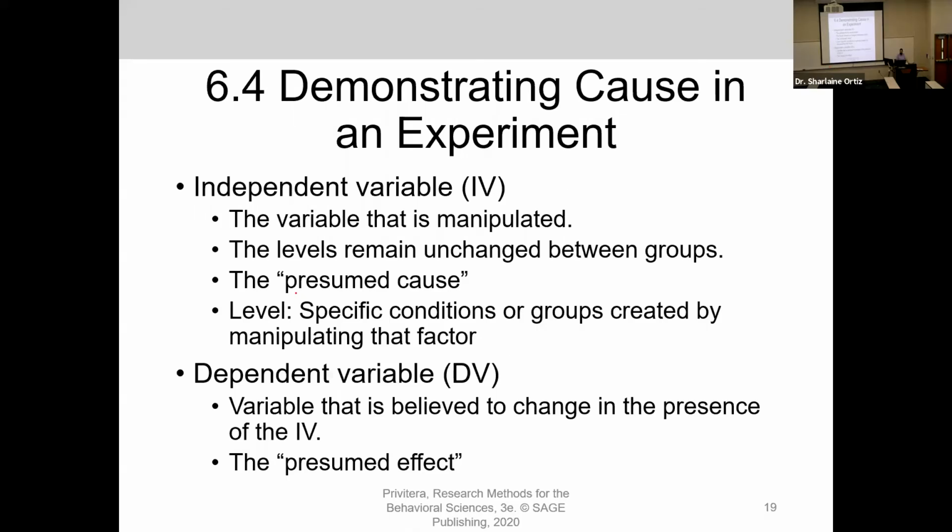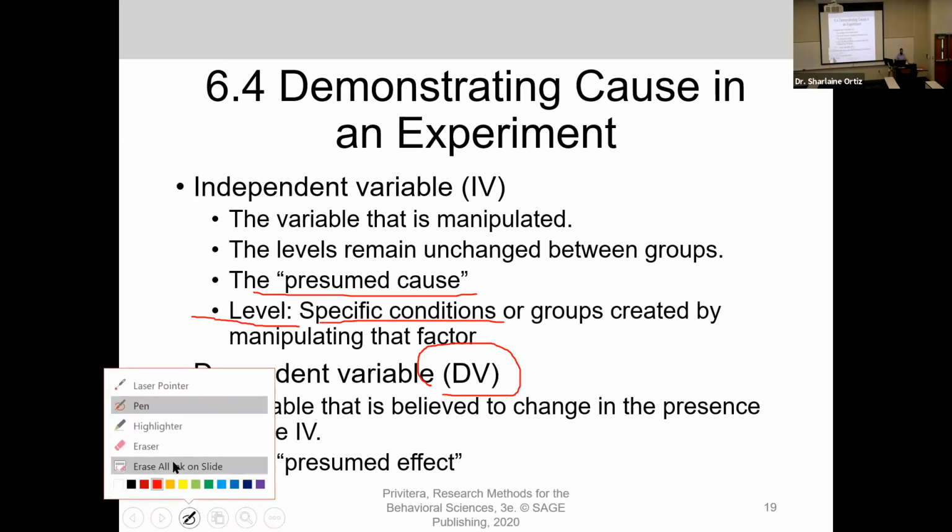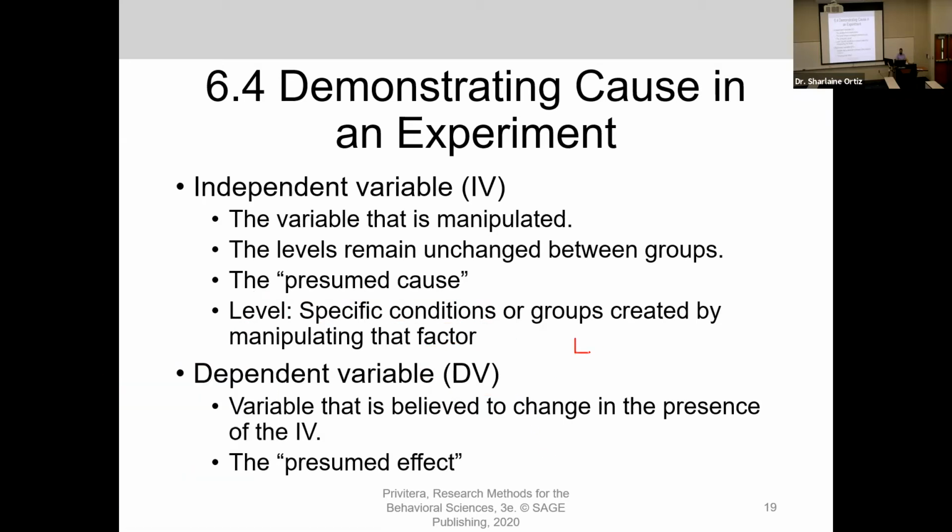We presume that this IV has an impact upon my DV. When we refer to a level, we are referring to that specific condition. So for therapy, level 1 is basic, level 2 is more moderate, and level 3 is more intensive.